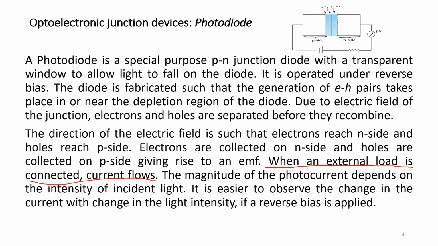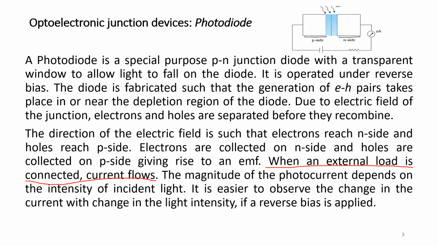Please note, the magnitude of the photocurrent depends on the intensity of the light. As seen in the previous slide, if the intensity of the light falling on the space charge region increases, the current increases.